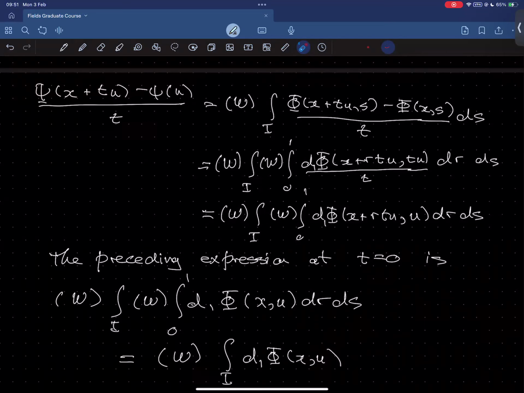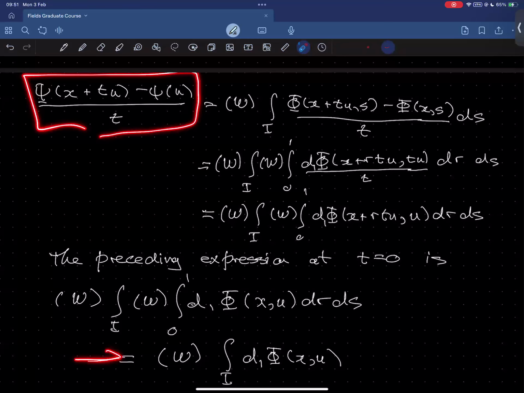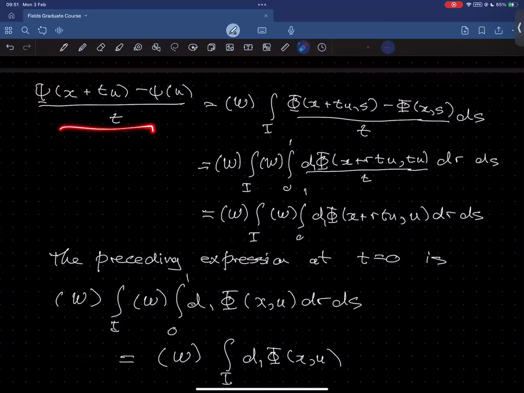So another quiz. Why, when I take the limit as t goes to 0, can I conclude that this is equal to that? Remember that this is definitely equal to that.